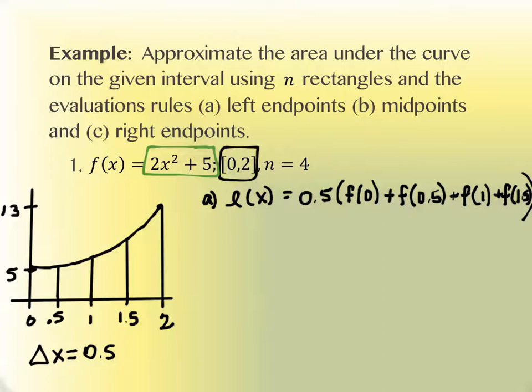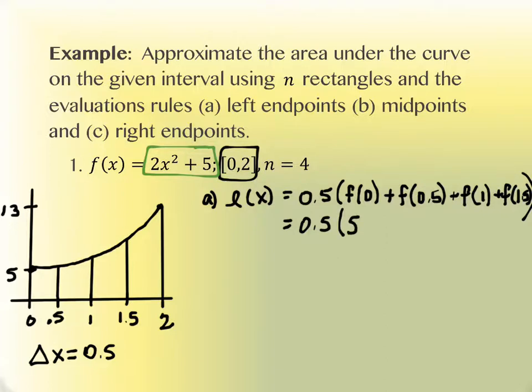your calculator. And then you can go into the table, and you can enter 0, 0.5, 1, and 1.5, and it will spit out for you all four y values, not at the same time, but very quickly anyway. What is the first function value? What is f of 0?